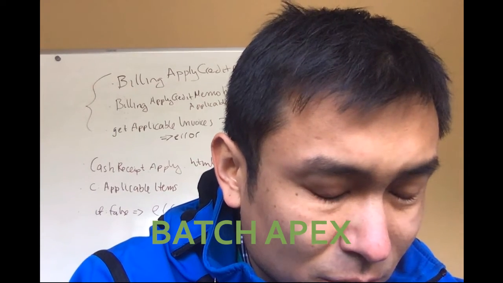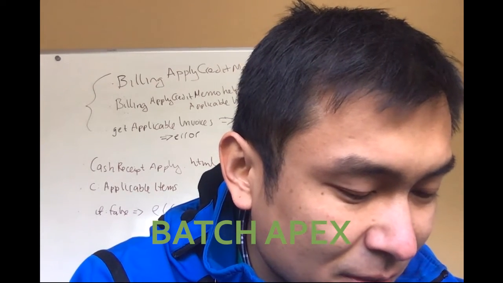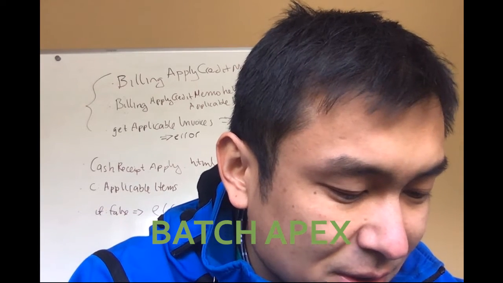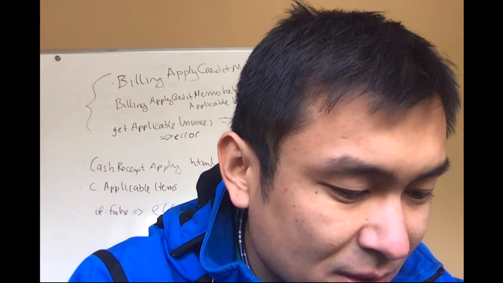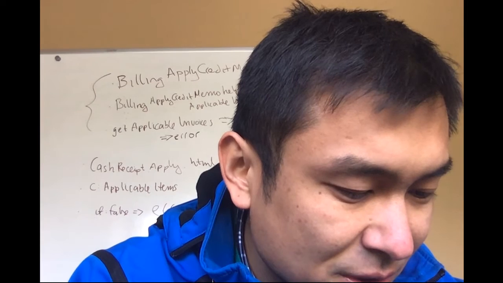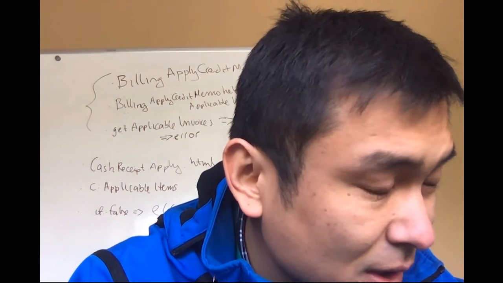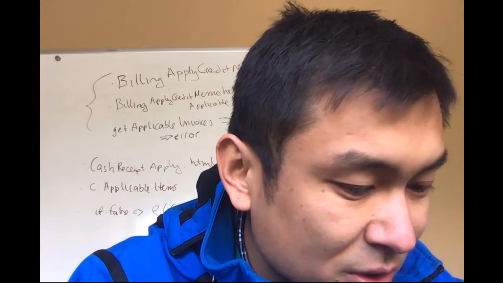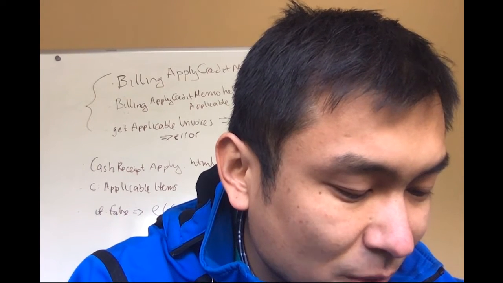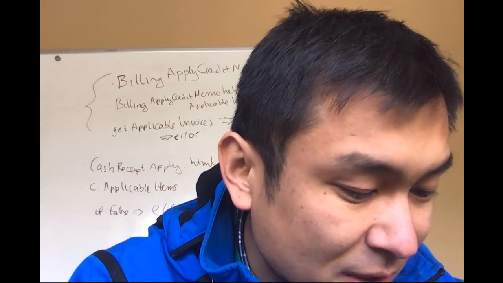Yep. Okay, good. In terms of batch Apex, what is the structure of a batch Apex class? Yeah, for a batch Apex class, you have to implement the Batchable interface, and it has three methods: start, execute, finish. In the start method, you query for the records, and in the execute is what you want to do with these records. Like, do you want to update them?